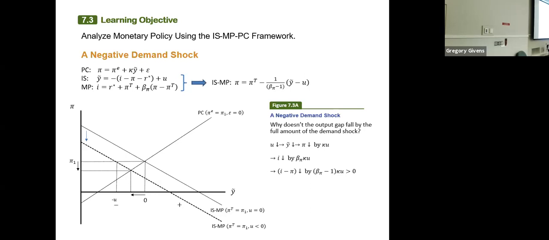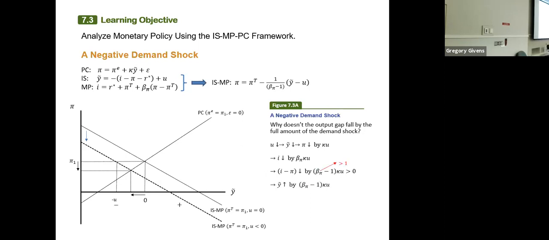Now, if the real interest rate falls, what happens to the output gap? It enters the IS equation with a negative sign. Stay with me here. I know this can get tiring towards the end. We're almost there. If the real interest rate is going down, then the output gap goes up, right?